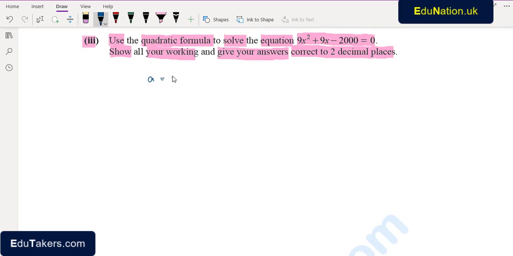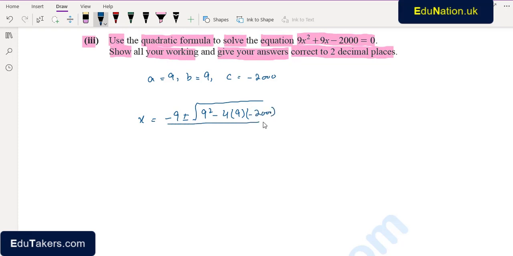Here a is equal to 9, b equals 9 and c is equal to minus 2000. So by quadratic formula, x will be equal to minus 9 plus minus square root of 9 square minus 4 into 9 into minus 2000 over 2 into 9.